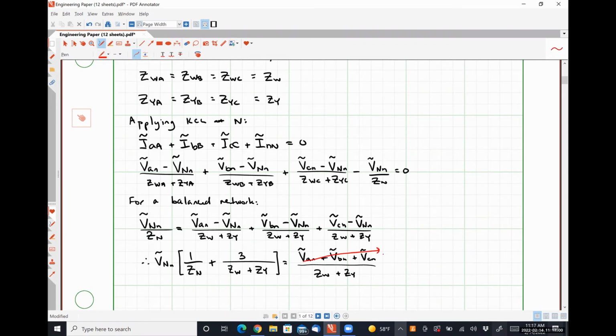So if this term is 0, which will be true if the magnitude of the voltage drops are equal and they are all separated by exactly 120 degrees, that implies that VNN has to be 0 as well, right? Because if the right-hand side of my equation is 0, unless I have no impedances anywhere, VNN needs to be 0 for this to be true. Is everybody okay with that?